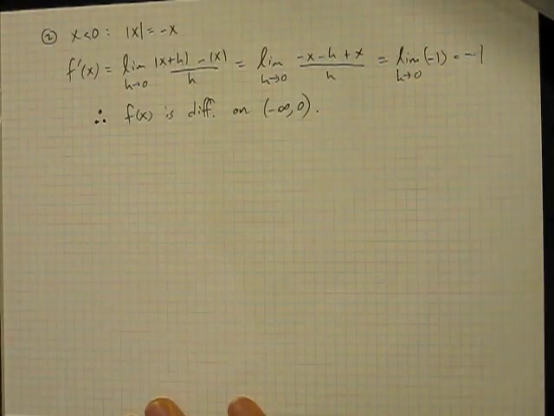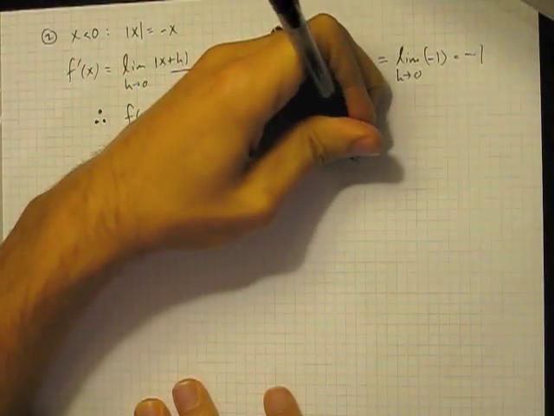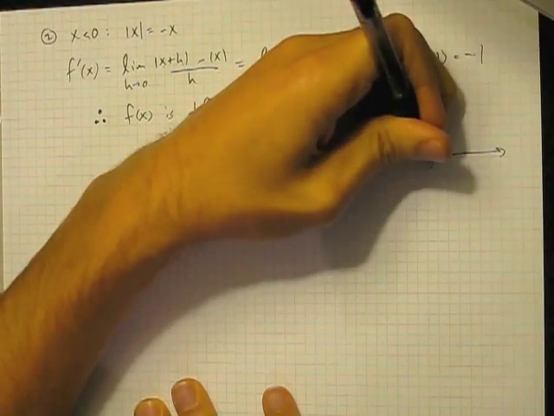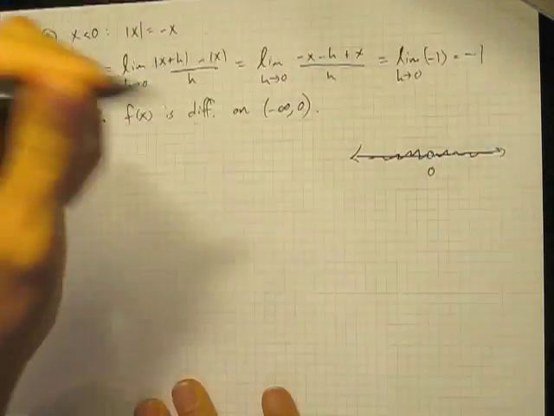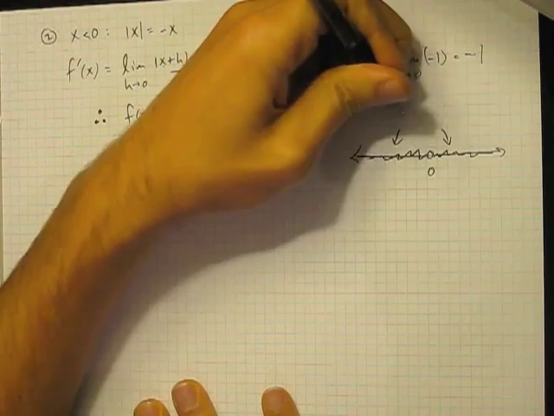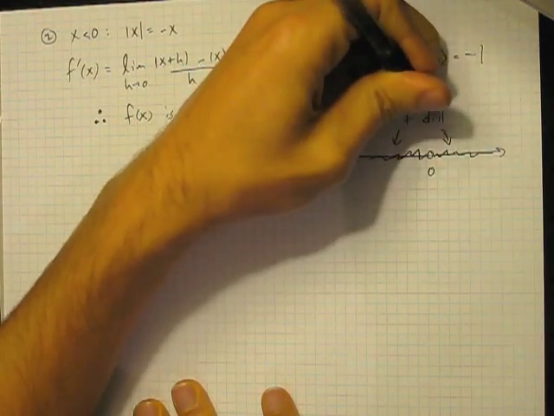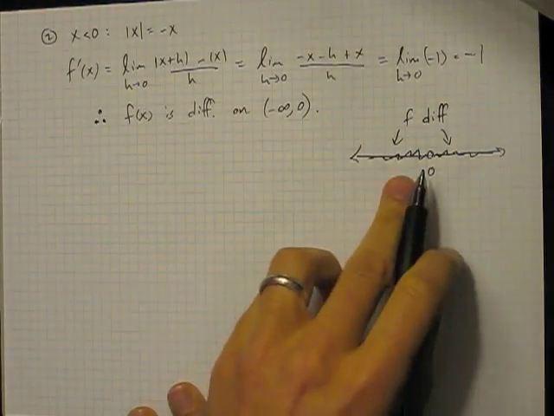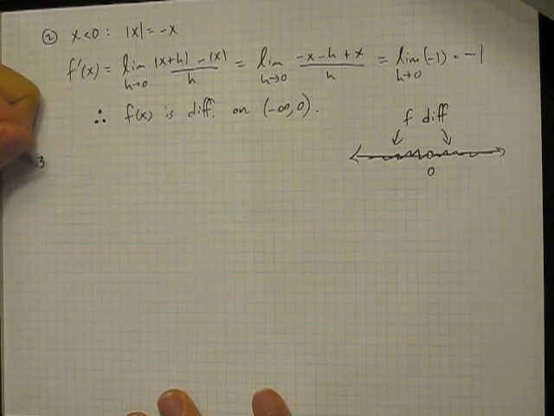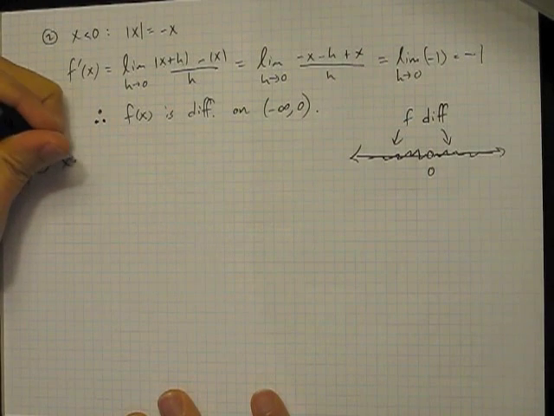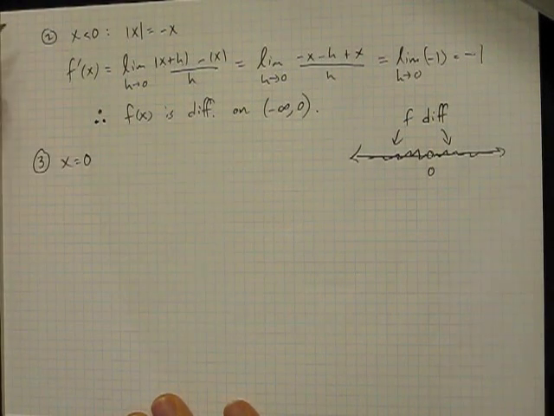So we verified that so far we're differentiable everywhere but x equals 0. So f is differentiable as long as you're to the left of 0 or as long as you're to the right of 0. This leaves us with case 3 when x is equal to 0.